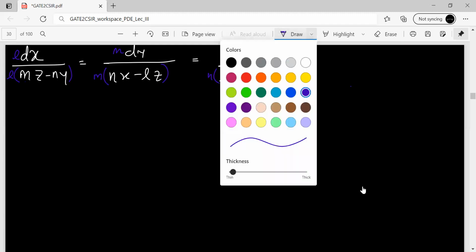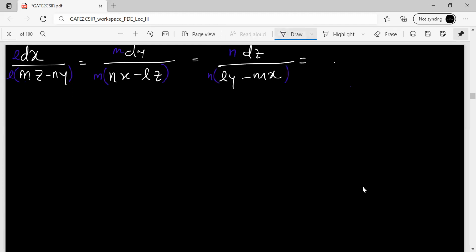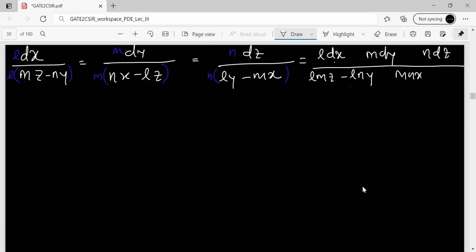Otherwise, I'll think of some other constants. I'll write down the operation here itself. So it will be l dx, m dy and n dz. I've not written addition or subtraction because I want to see what role I have to play. So it will be l m z minus l n y, and then m n x minus m l z.